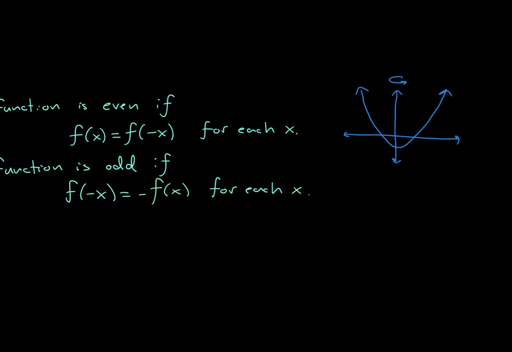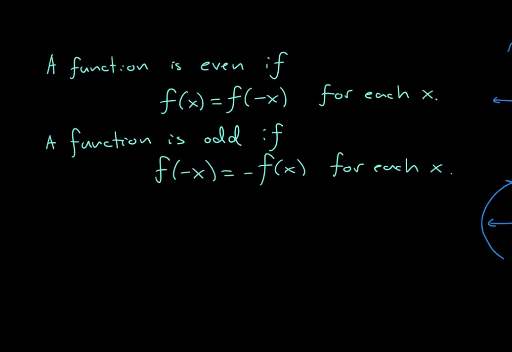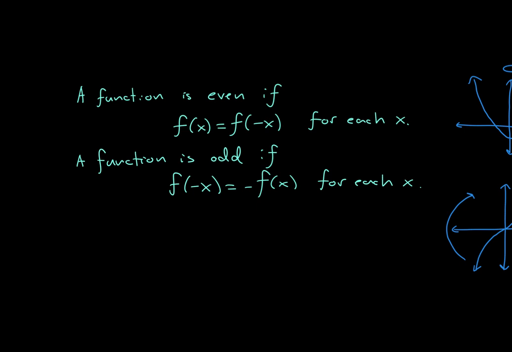So even functions are preserved through reflection, where odd functions are preserved through a pi radian rotation, something like this. So here's an even function. Here's an odd function. Notice that if I rotate this 180 degrees, it's going to land back on itself, which means that graphically it's an odd function. But this is the definition of what an even function and an odd function is.